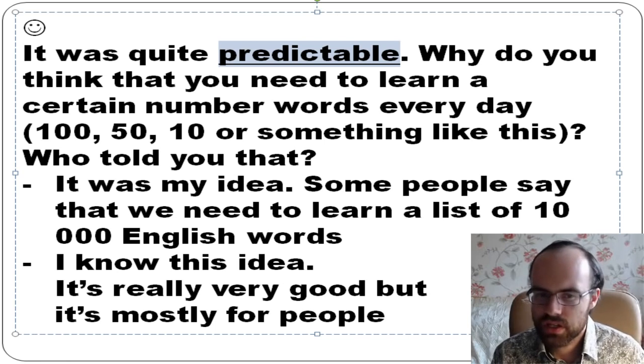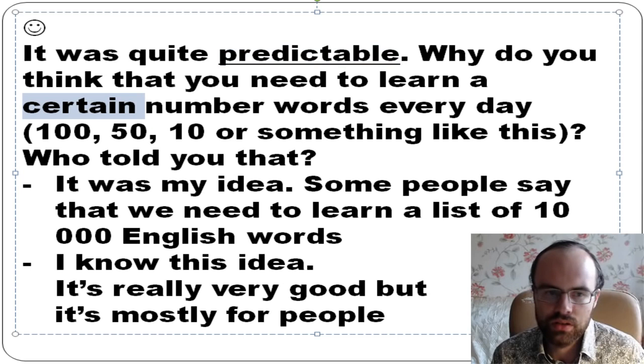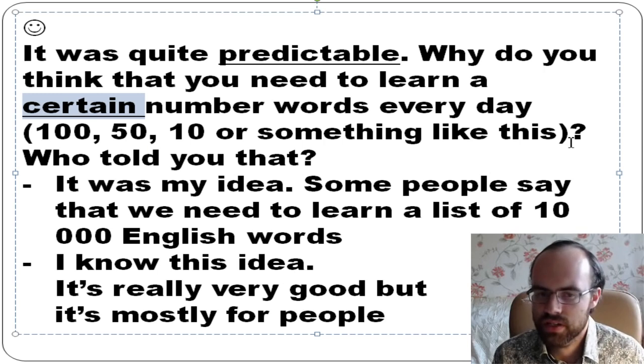Why do you think that you need to learn a certain number of words every day? A certain number means just some numbers like 100, 50, 10 or something like this every day. Who told you that? Really, who told you that? It was my idea.